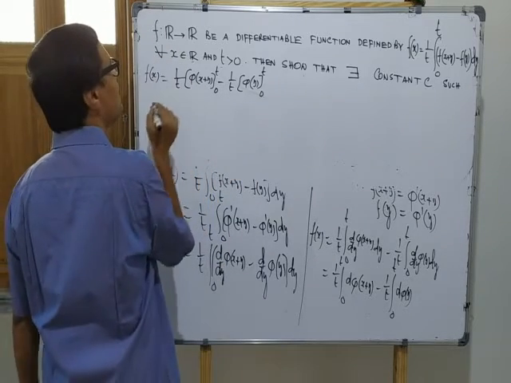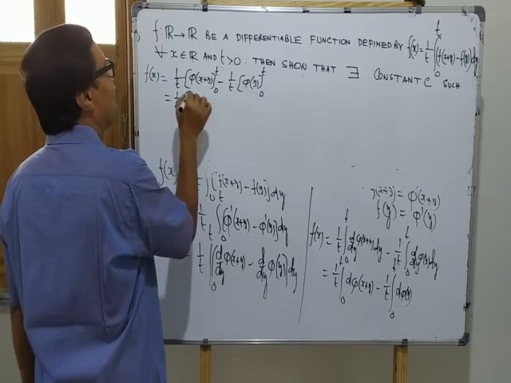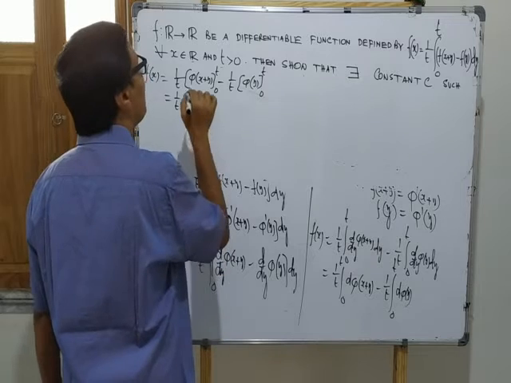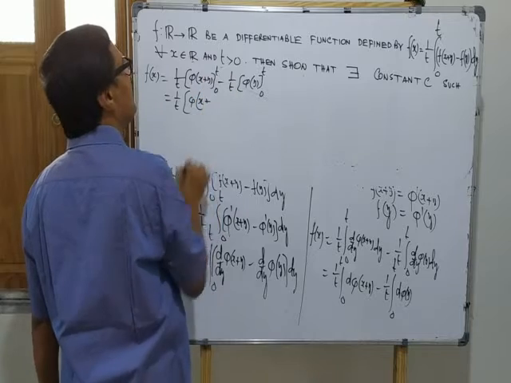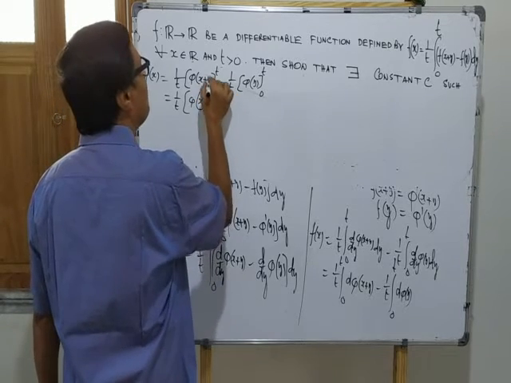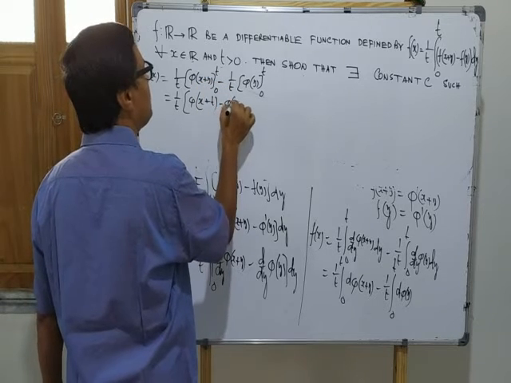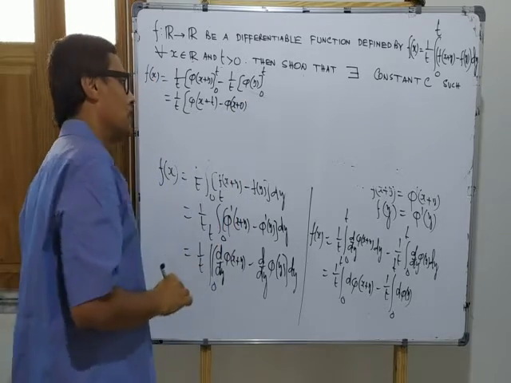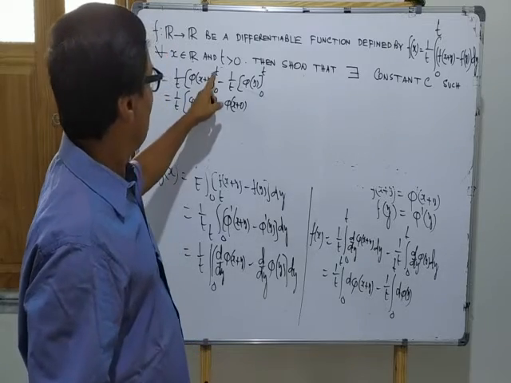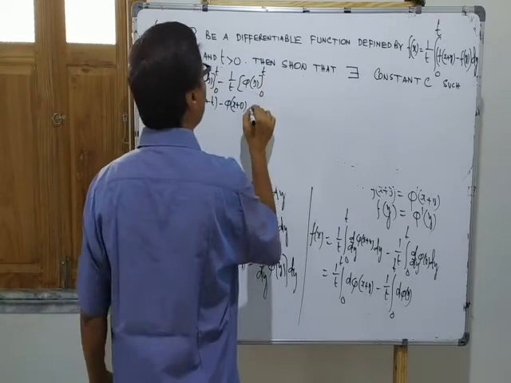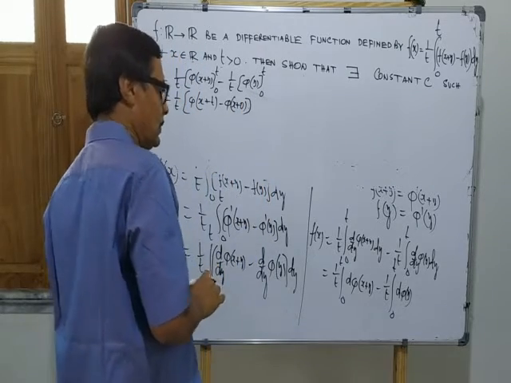We can put these two limits on these two functions. We get 1 over t [phi(x plus y) with y equal to t, which is phi(x plus t), minus the value at y equal to 0, which is phi(x plus 0)]. The lower limit of y is 0 and the upper limit of y is t, because the integration was with respect to y.